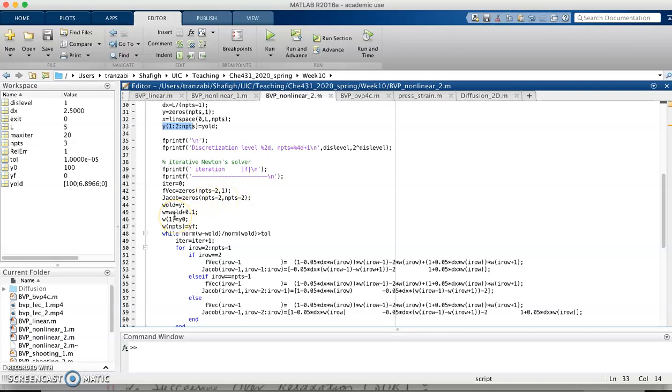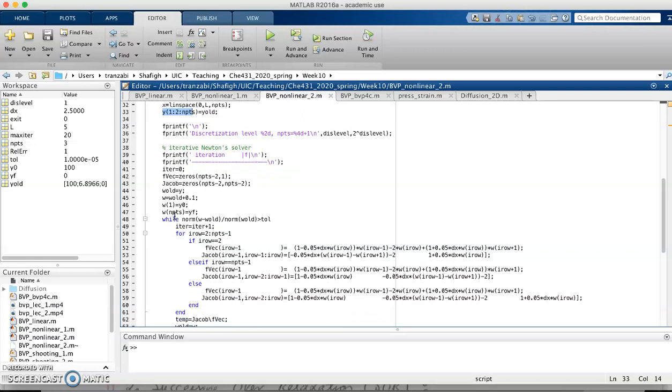All right, so our initial guess is going to be the previously converged value plus some small perturbation, let's say 0.1. Okay, so we're going to add 0.1 to all elements, and y old initially is going to be the converged solution from the previous discretized level.